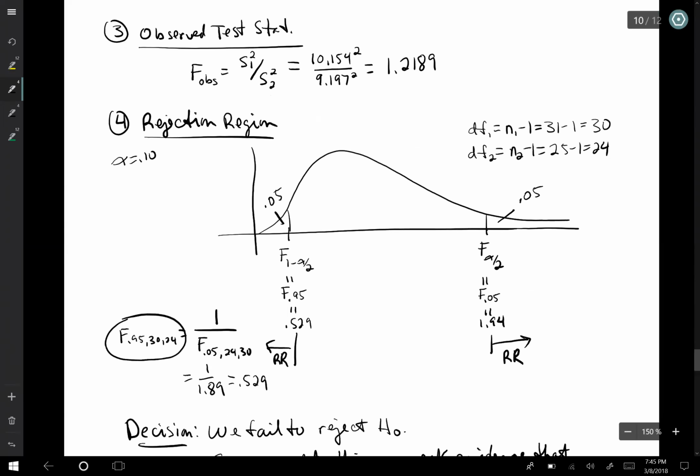And notice when you found 1.94 in this problem, we didn't switch the degrees of freedom. We did 30, 24, but this one is 24 and 30. So I looked at a different part of the table, and that in turn gave us the lower F percentile.